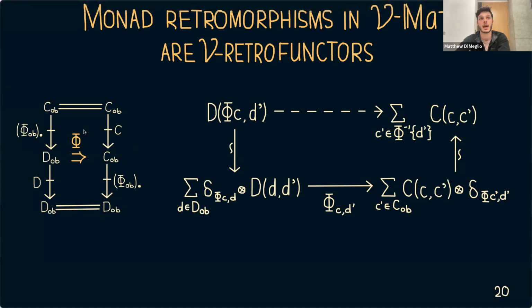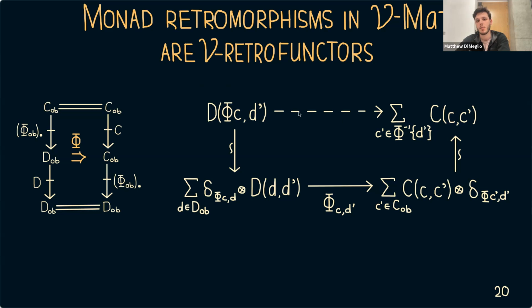Because we're in the double category of matrices, it's a matrix indexed by the objects of C and the objects of D, where the C D-prime component is a morphism from this element of the matrix product here to this component of the matrix product here. If you simplify things a bit, it amounts to having a morphism from the Hom object from phi of C to D-prime into this sum over all C-prime in the D-prime fiber of phi of the Hom object from C to C-prime.